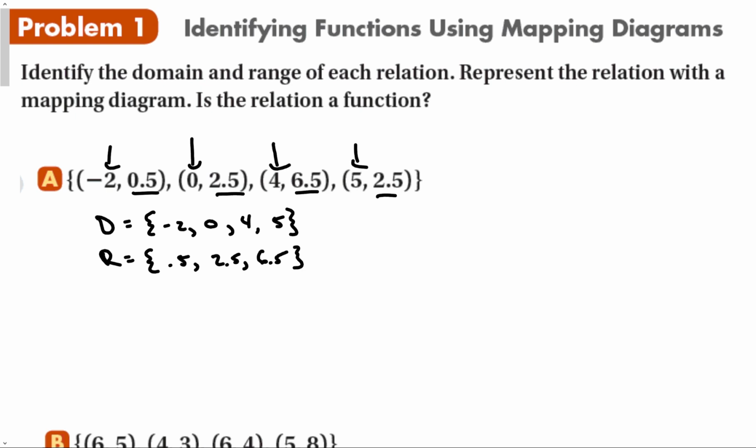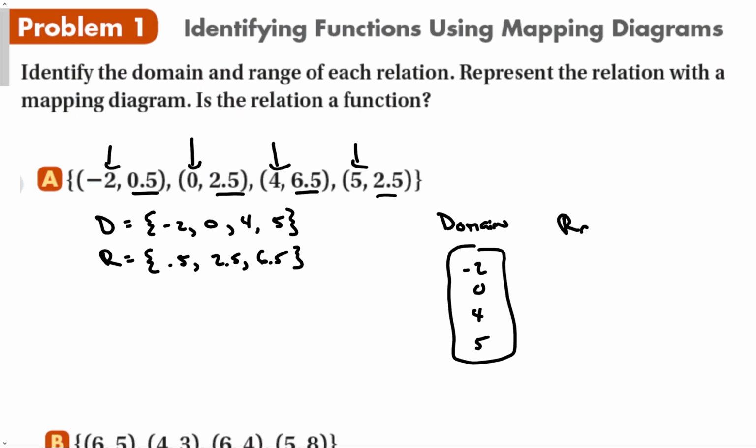So now to make a mapping diagram, this is just listing my domain and range. To make a mapping diagram, we are going to take the domain, make a little group of my domain, and usually we like to put it in order from least to greatest, so -2, 0, 4, 5, and we should do that inside the sets too.